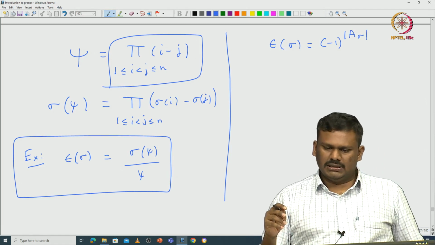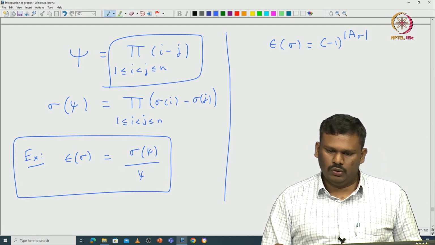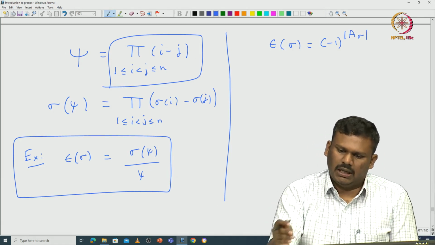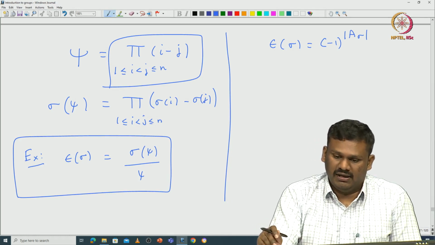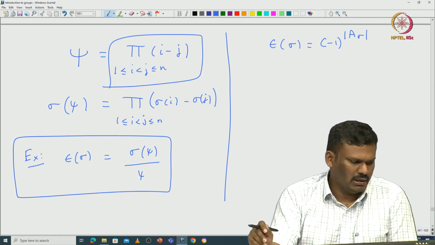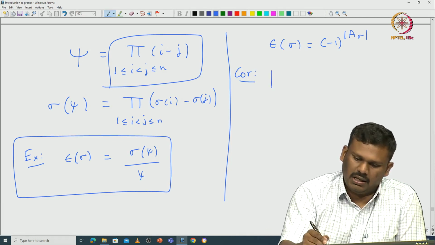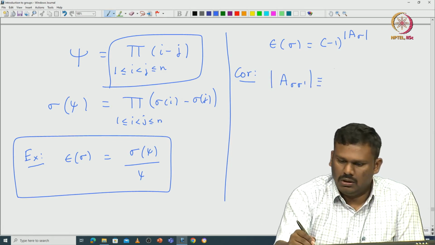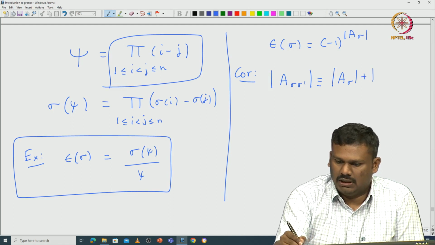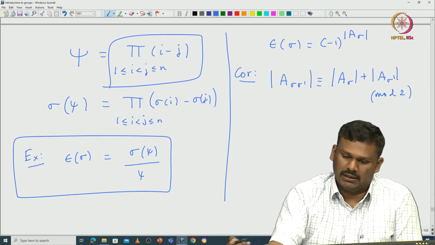Maybe it is a good exercise to consider, when you take the composition of two permutations sigma, sigma dash, how the cardinality of A of sigma sigma dash is related to the cardinality of A sigma and the cardinality of A sigma dash. As an immediate corollary, the cardinality of A of sigma sigma dash is going to be congruent to the cardinality of A sigma plus the cardinality of A sigma dash modulo 2. So, up to multiples of 2, they are the same.